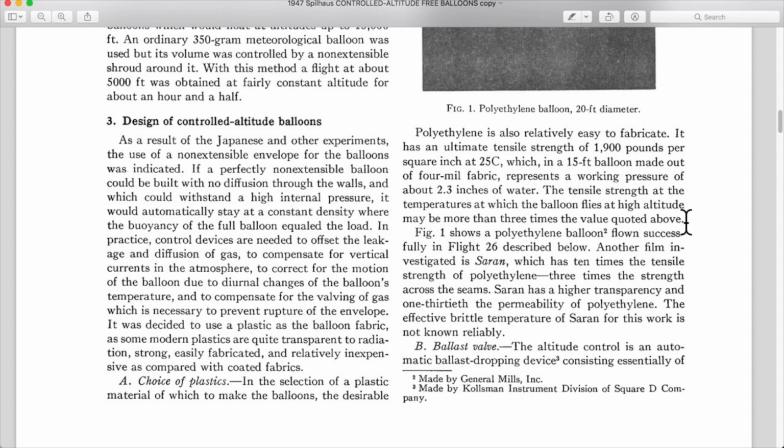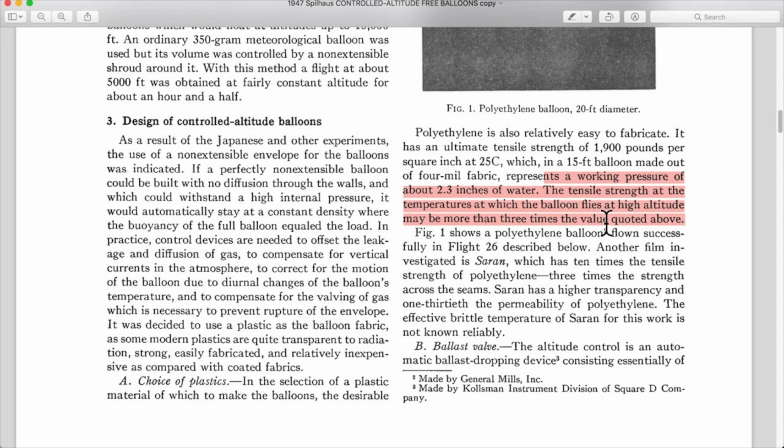The tensile strength at the temperatures at which the balloon flies at high altitude may be more than three times the value quoted above. The reason they say the tensile strength is going to be higher when it's flying is because plastics get stronger as they get colder. And this eventually translates into being so stiff and strong that they will shatter when they are flexed.